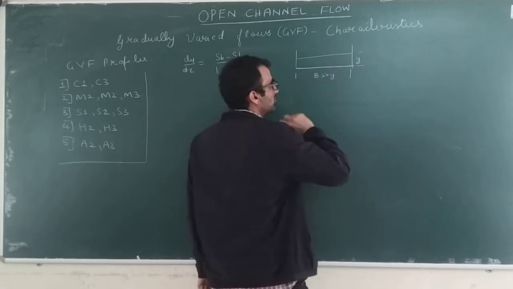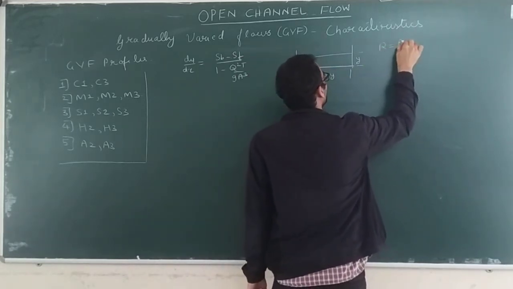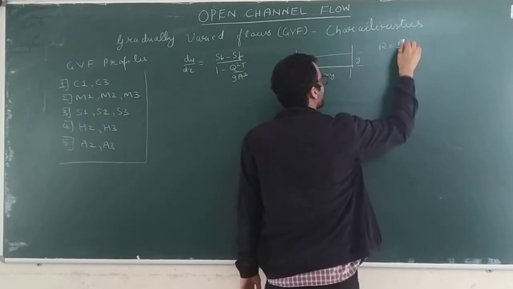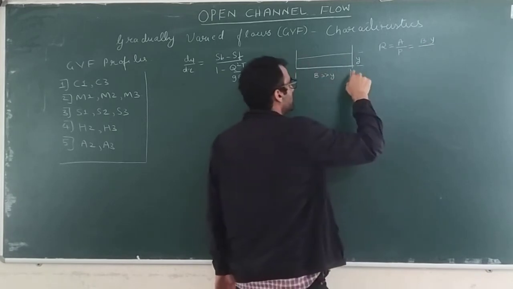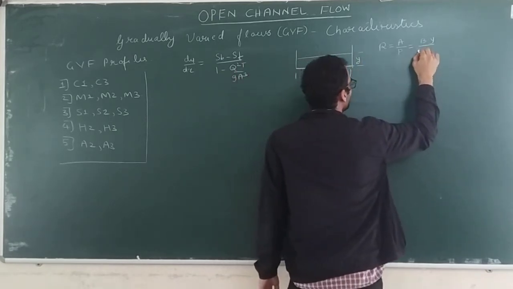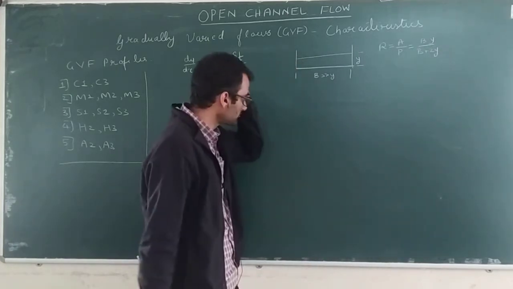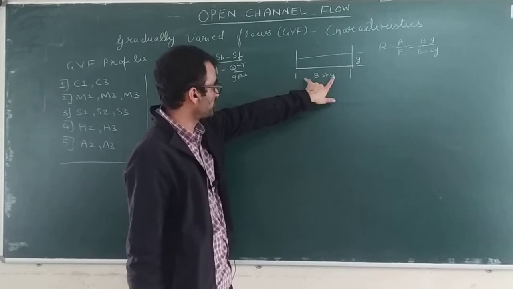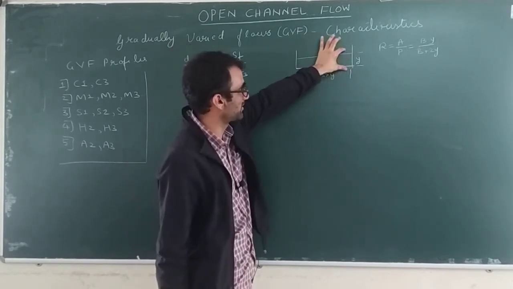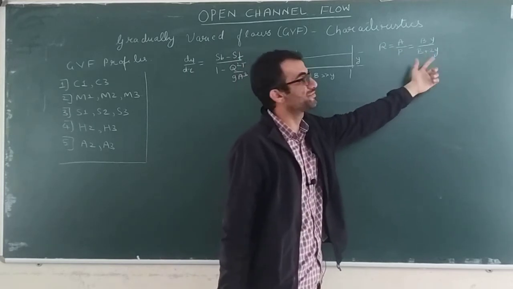Now for a wide rectangular channel, what is the advantage? If we calculate the hydraulic radius, it is A by P. The area is B into Y, and the perimeter is B plus twice Y. But you can neglect this twice Y, because Y is very much less than B. Suppose B is 50 meters and Y is 1 meter. What will be your perimeter? 50 plus 2, that is 52 meters.